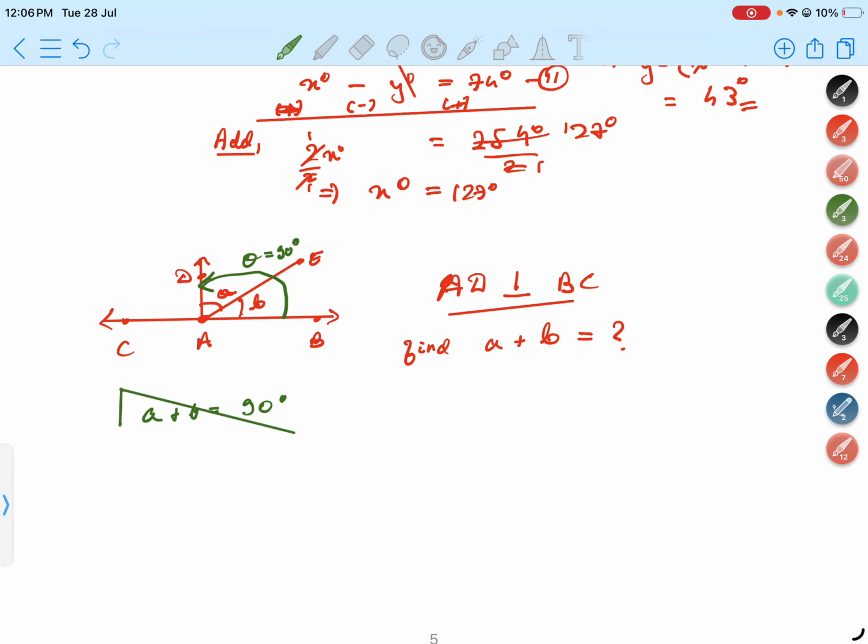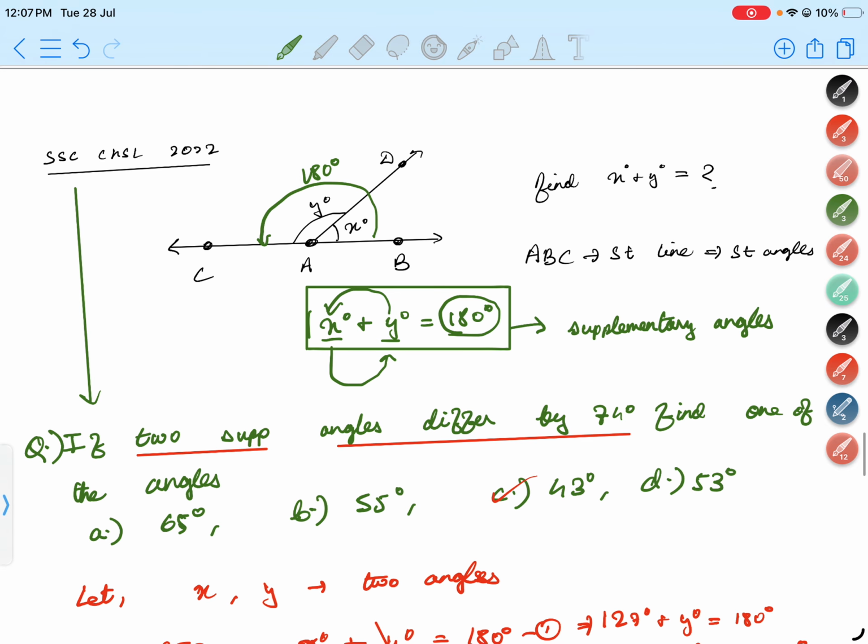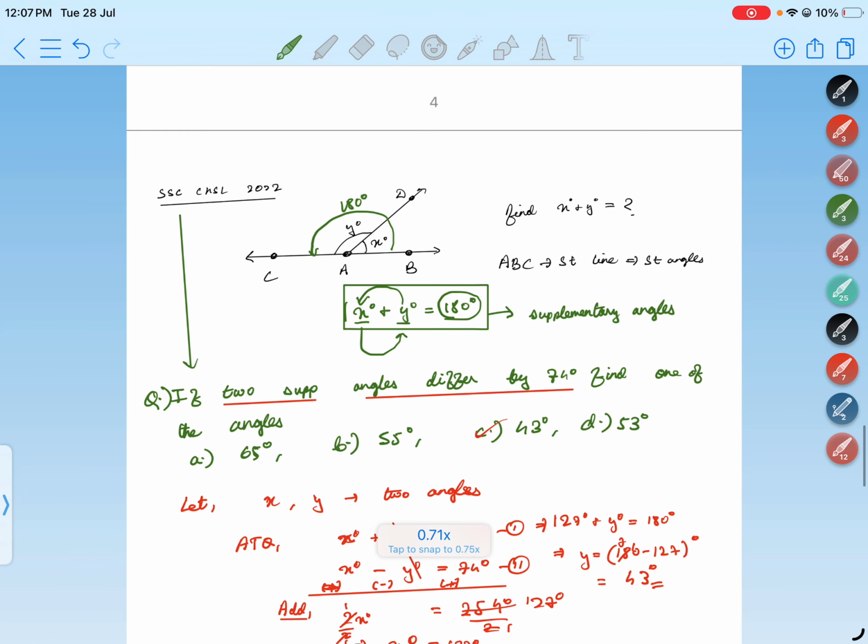And similarly, as we had for supplementary angles, we have a similar property for this, and they are known as complementary angles. That is, when two angles are such that their sum gives us 90 degree, then those angles are known as complementary angles. Here A and B are complementary angles, with A being the complementary angle of B and B being the complementary angle of A. It was similar to what we saw above in case of x and y.